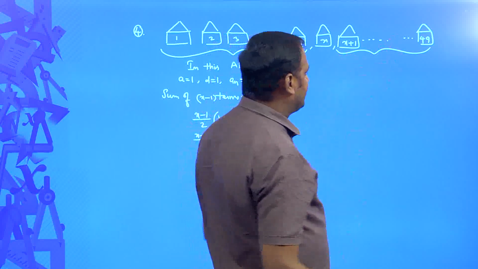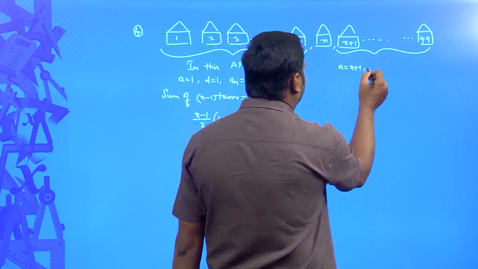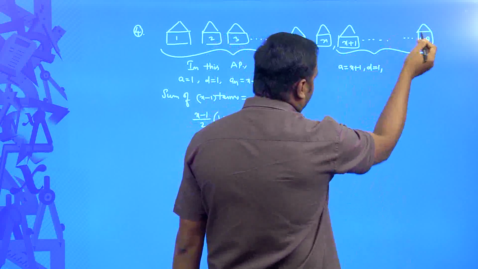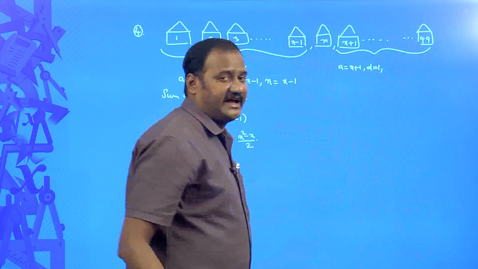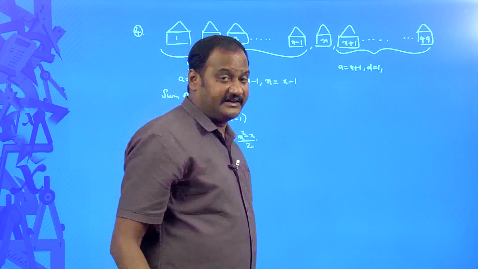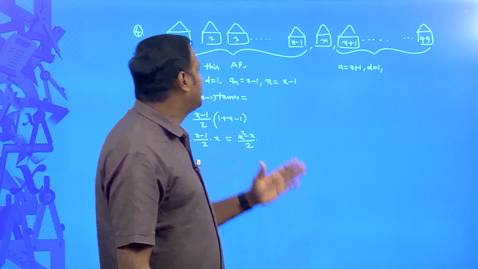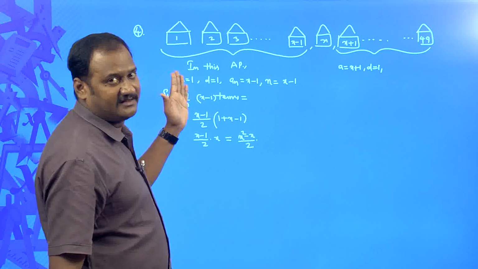From x plus 1 onwards, so the first term a is going to be x plus 1. Obviously, the common difference is equal to 1. We know 49 cannot be n, it may be the nth term, but 49 cannot be n, because we are not starting from the first number. You understand?